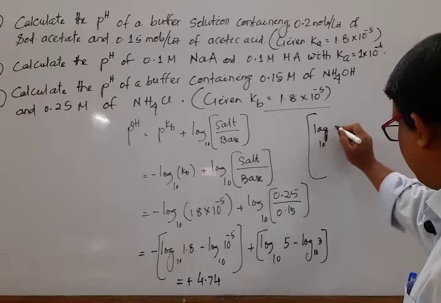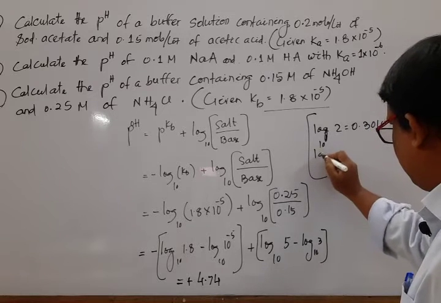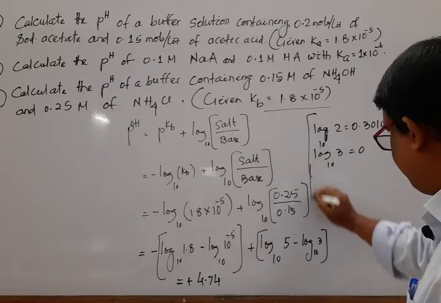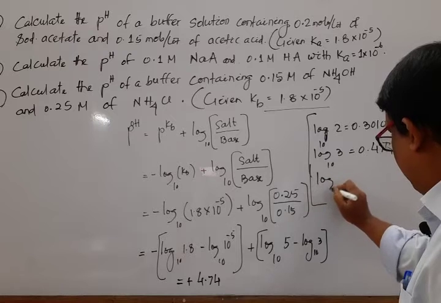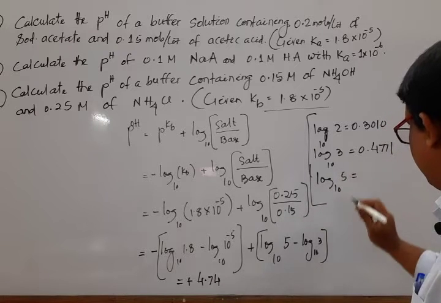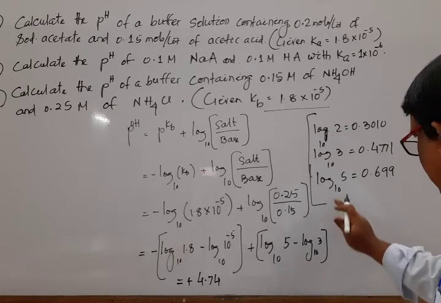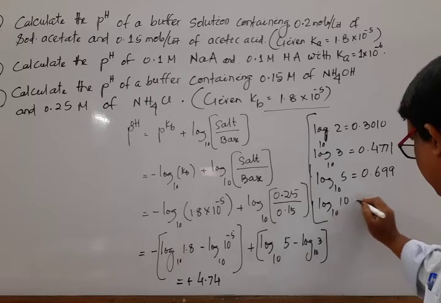log base 10 2 is equal to 0.3010. Log base 10 3 is equal to 0.4771, and log base 10 5 is equal to 0.6991, and log 10 is equal to 1.